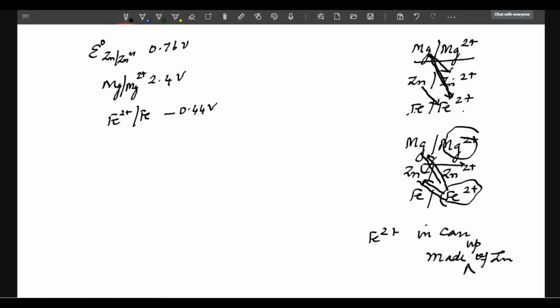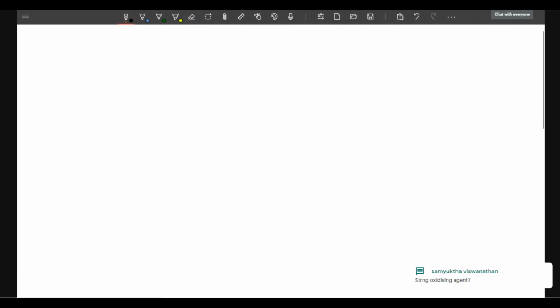Given the electrode potential, A, capital A, epsilon naught A2 plus bar A is equal to minus 2.1 volt, B.